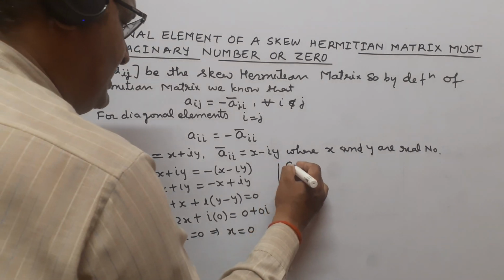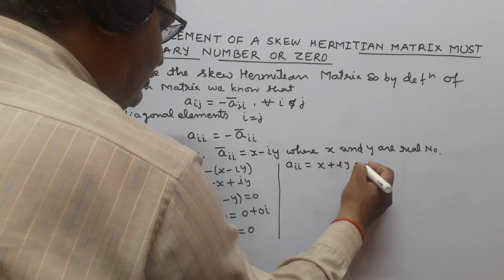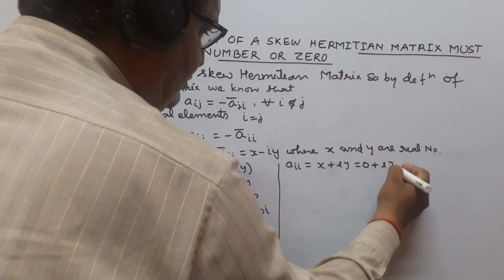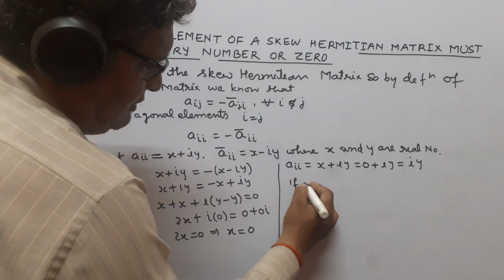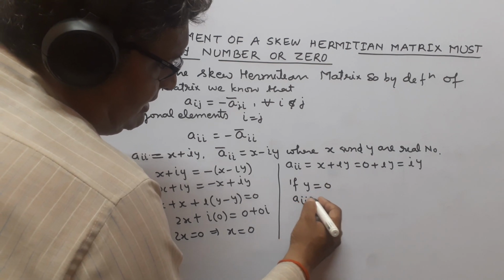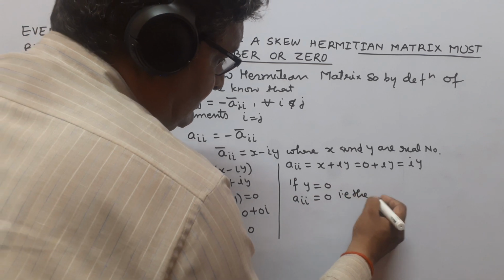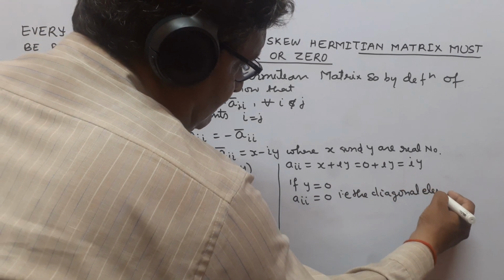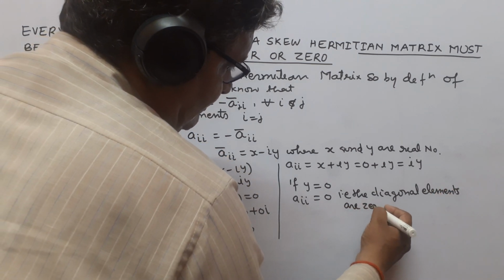Now we can see that aii is equal to x plus iy. So put here the value of x, that is 0. So this is 0 plus iy, which is iy. If we take y equal to 0, then aii is equal to 0, that is, the diagonal elements are 0.